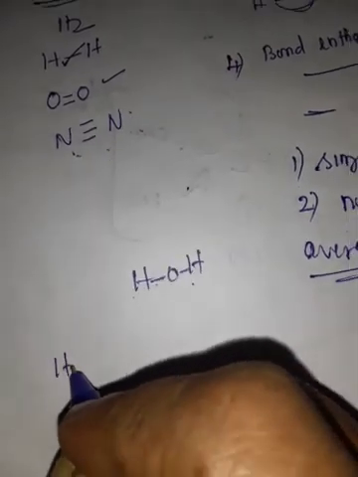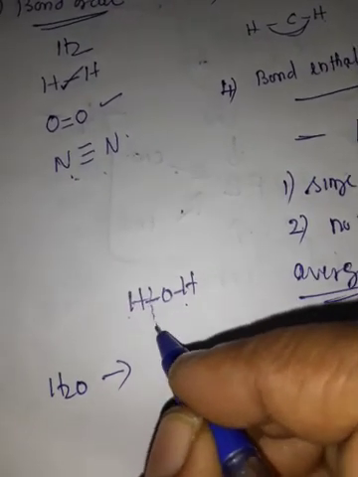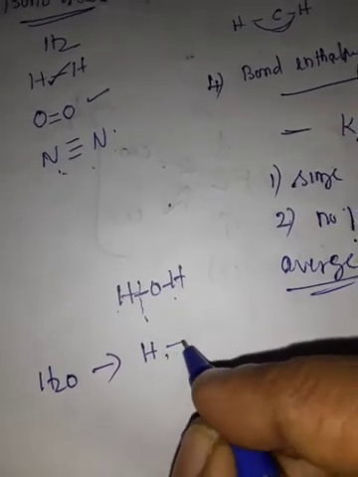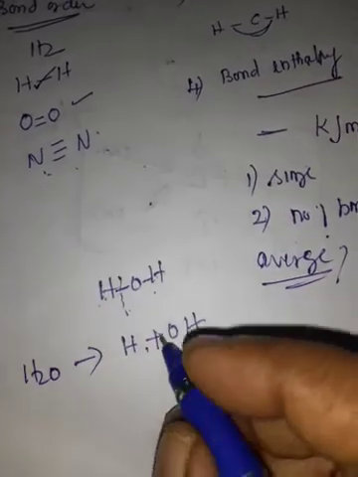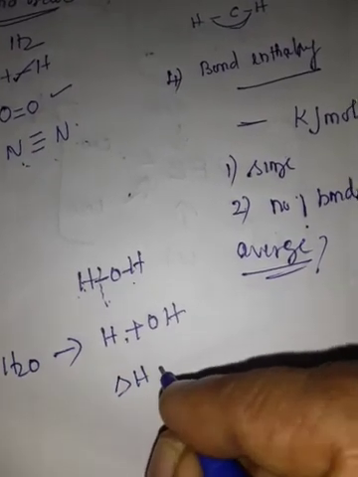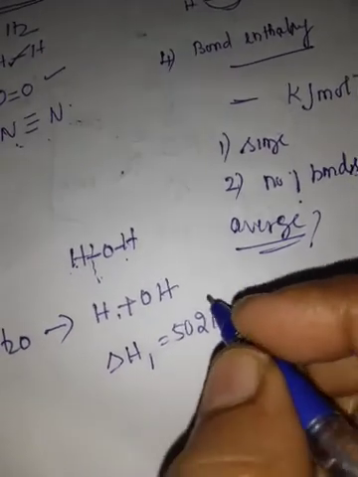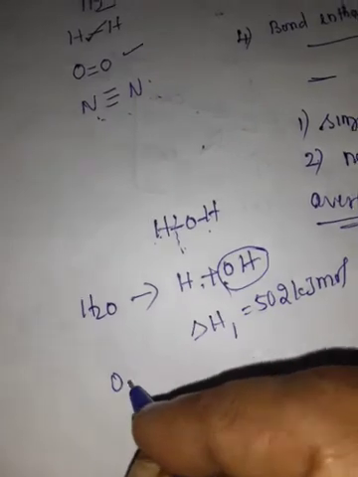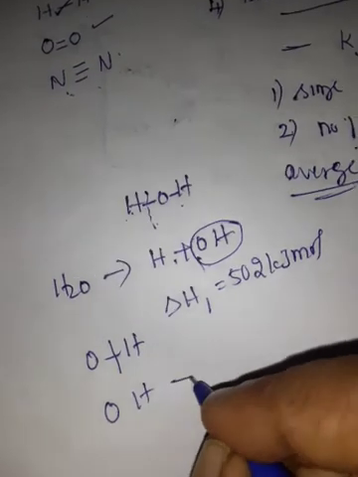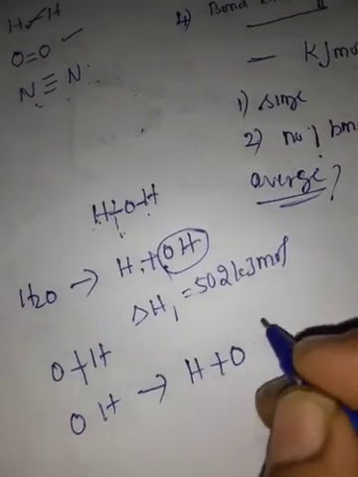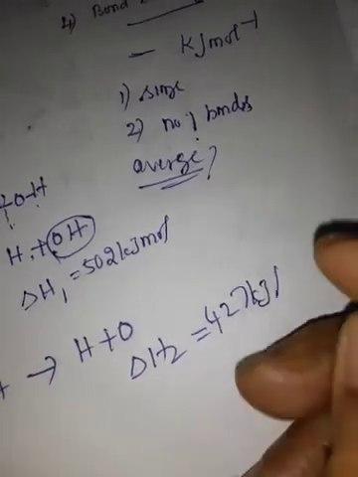Say in the water molecule, first this bond breaks, forming H plus OH. For this, the enthalpy change value is 502 kilojoule per mole. Next, this O-H bond breaks, so OH gives H plus O. For this, delta H2 is equal to 427 kilojoule per mole.